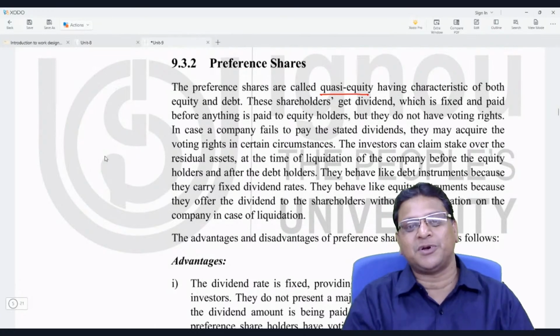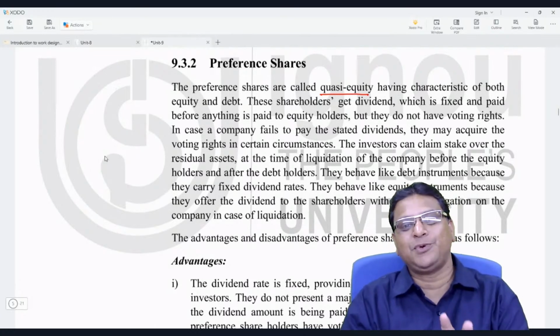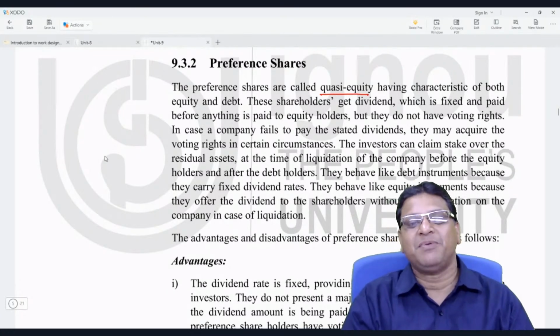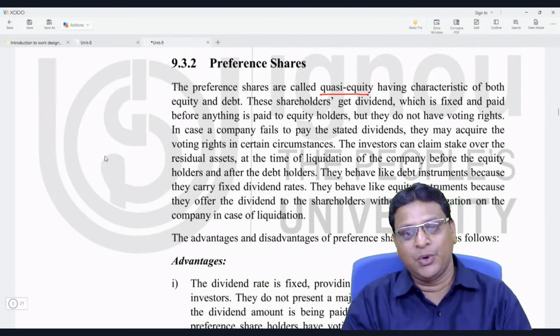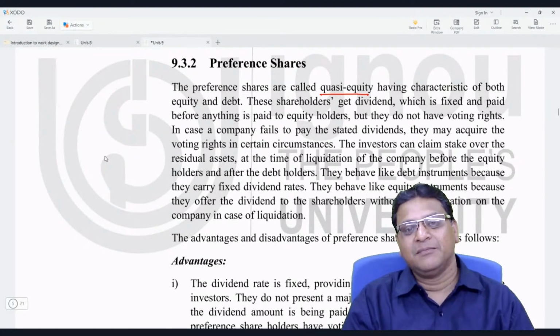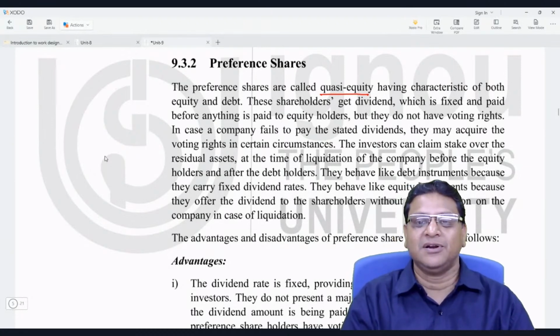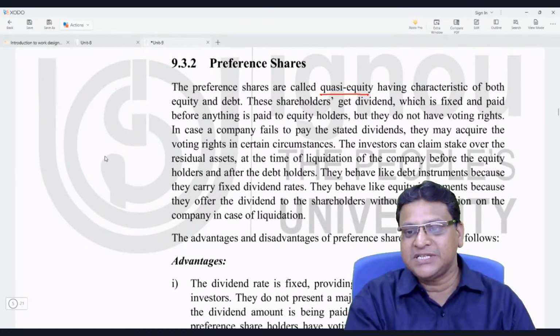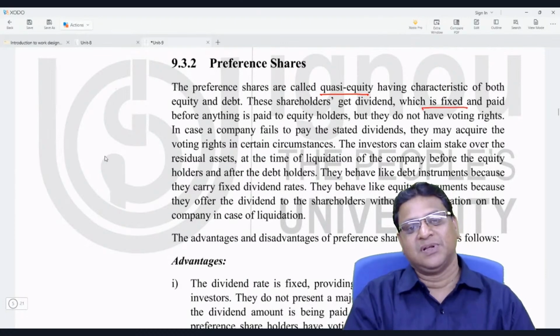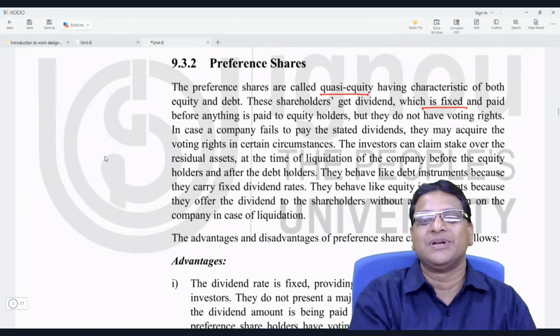They are owners of the company, but they have two specific features. First feature, preference shareholders take a fixed rate of dividend. The dividend paid to preference shareholders is fixed and it is paid prior to making payment to equity shareholders.